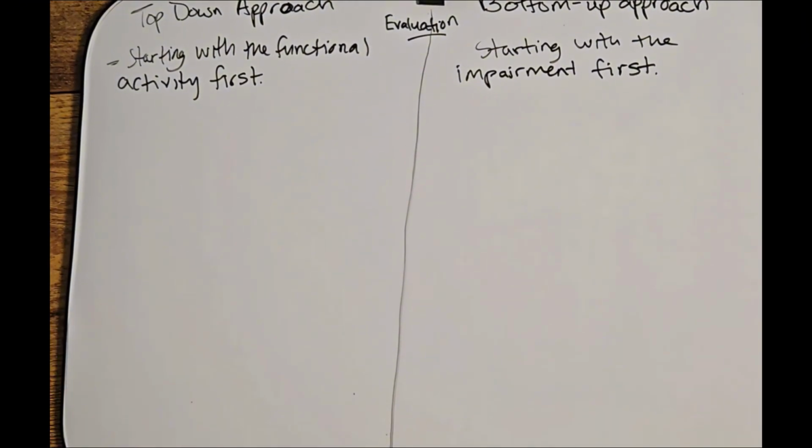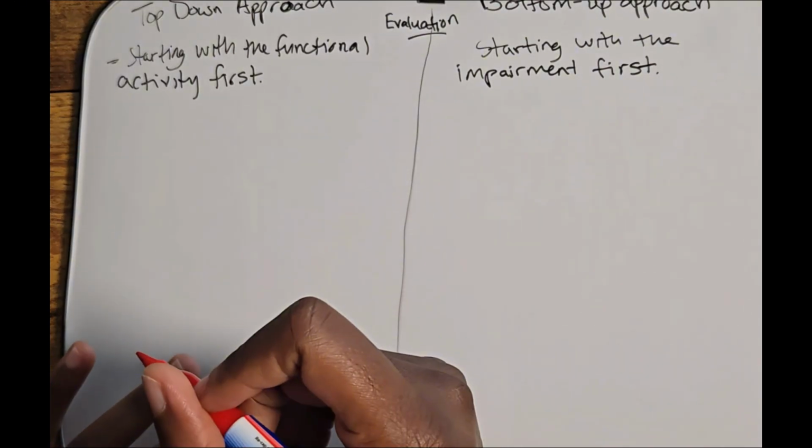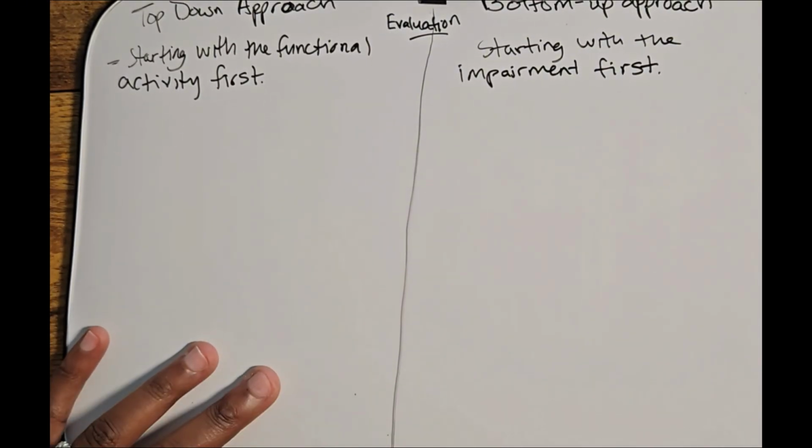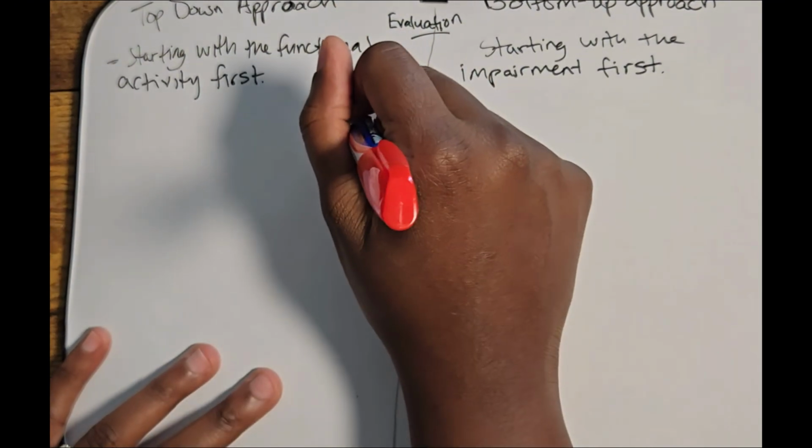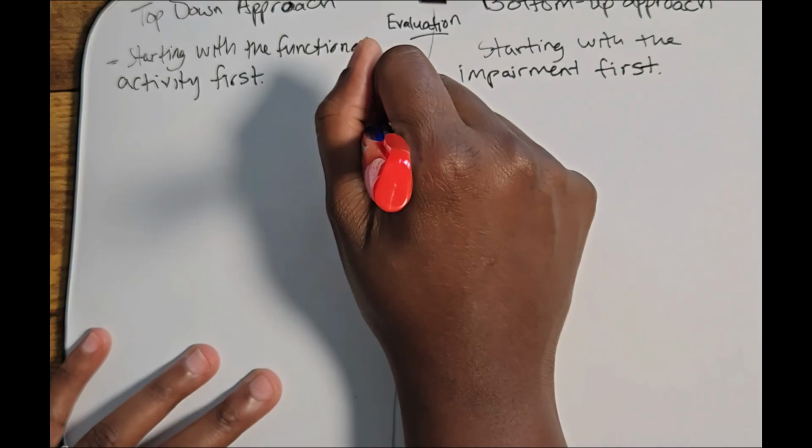Now, how does that look? Let's kind of bring this to life so it makes more sense. So let's say we have a patient, and let's create the scenario. Let me write it right here.